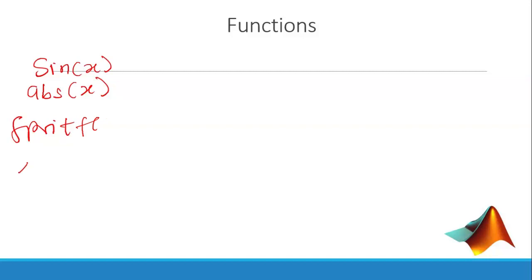Another function is log x. So these are all examples of functions. It requires an input argument, and the input argument is for you to give a value. So here your input argument is x. If you put in x, it is going to return a particular value.